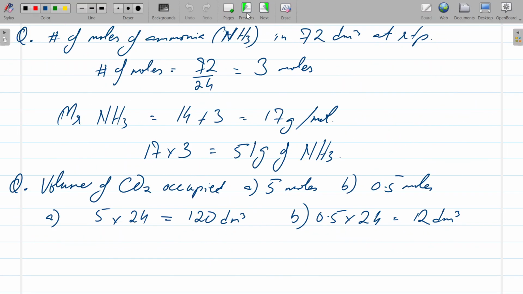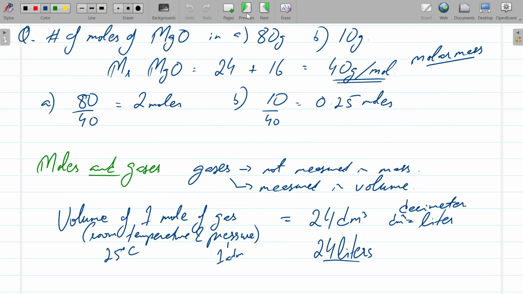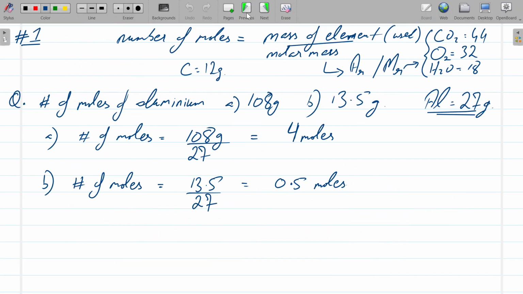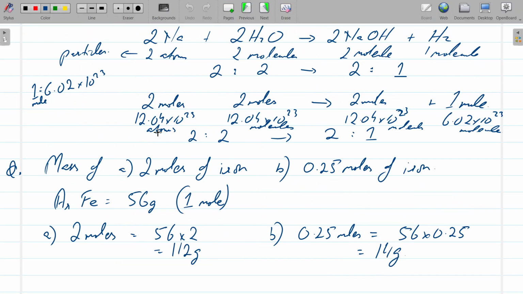And that is figuring out or calculating formulae based on molar ratios. So I explained to you guys yesterday when we looked at, where's that equation? Right, sodium reacting with water giving you sodium hydroxide and hydrogen.